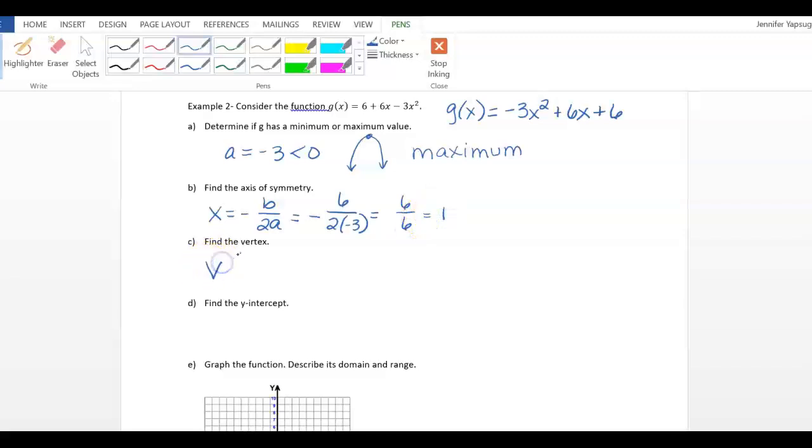So my vertex, I know that my x value is 1, and I'm trying to find my y value. So I'm going to take my function g, and I'm going to substitute the number 1 in for x, and go ahead and evaluate. So that's negative 3 times 1 squared plus 6 times 1 plus 6.